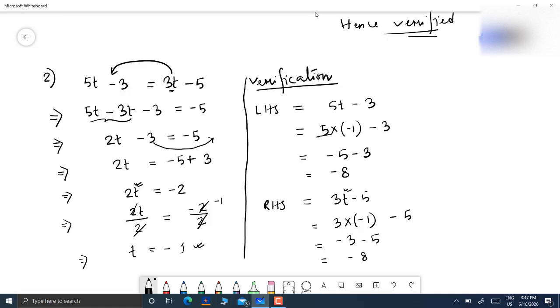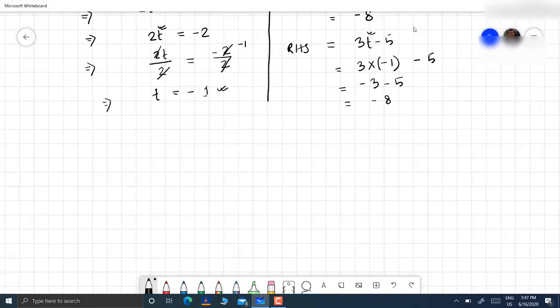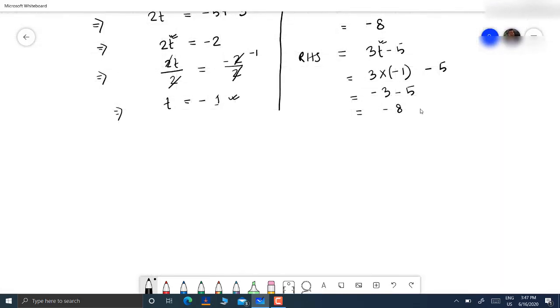So here I get what? If you observe both the things, then you will get what? LHS and RHS both are equal. That is why I can put here LHS is equal to RHS, because both are having the same value, hence verified.